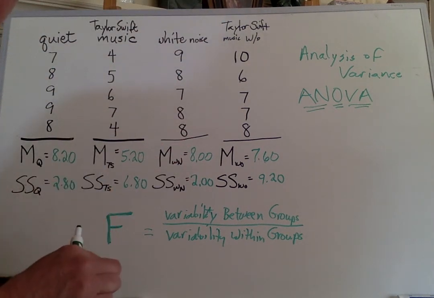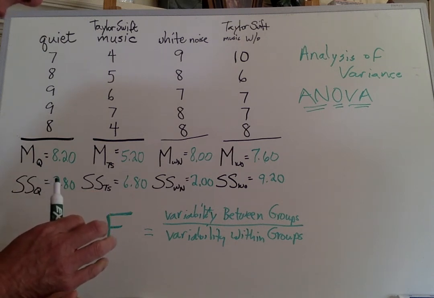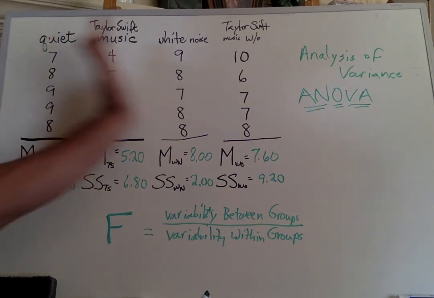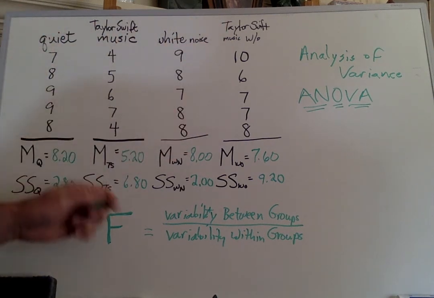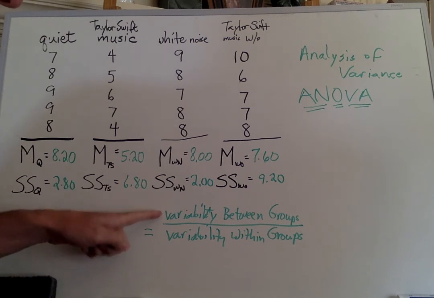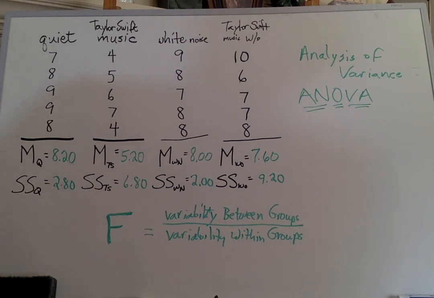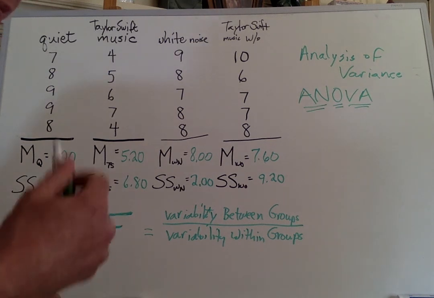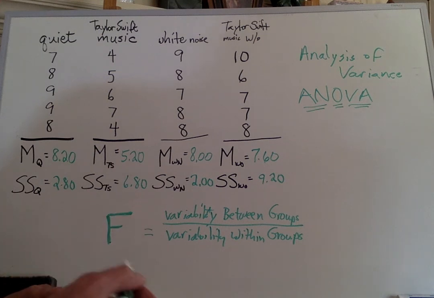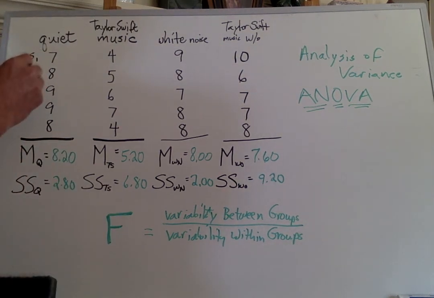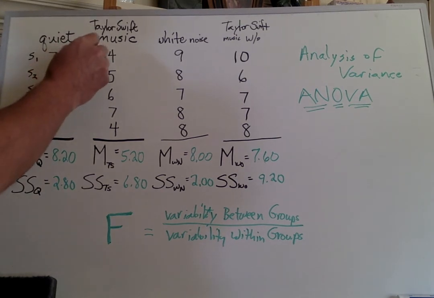Really what we have here is a matrix of numbers, a 5 by 4 matrix. We're going to get a numerical value for the numerator and a numerical value for the denominator, and I want to talk about where those values come from. So this is subject number 1, subject number 2, subject number 3, subject number 4, subject number 5, and so on.